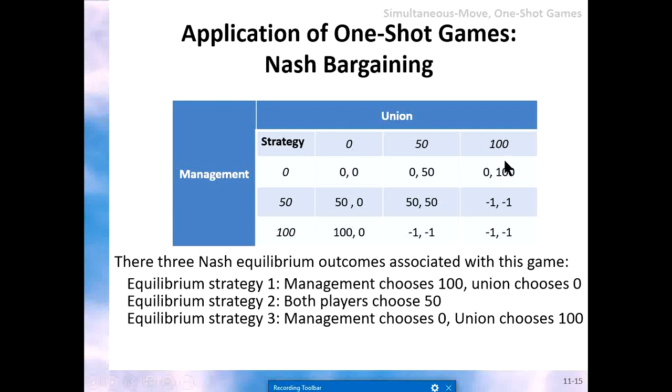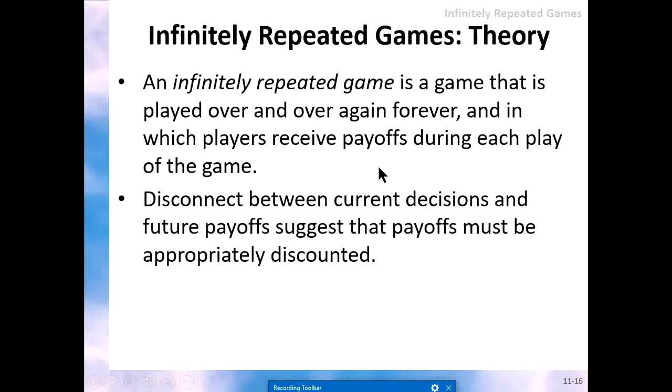But if management chooses to take none, 0, and the union chooses to take 50, it is not a Nash equilibrium, because there is a possibility that either the union changes its strategy and gets another 50 to become 100, or the management changes its decision and gets 50 rather than 0. So that also could not give us the Nash equilibrium.